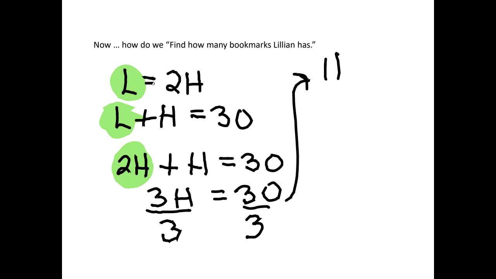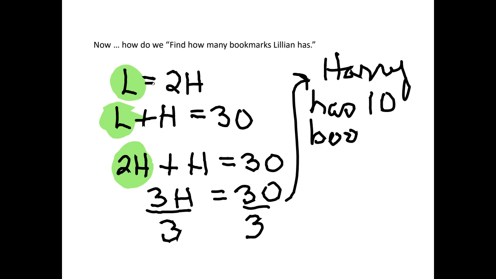Now this is saying Harry has 10 bookmarks because H represents Harry. H represents Harry. But I want Lillian, which means now I go to this equation.